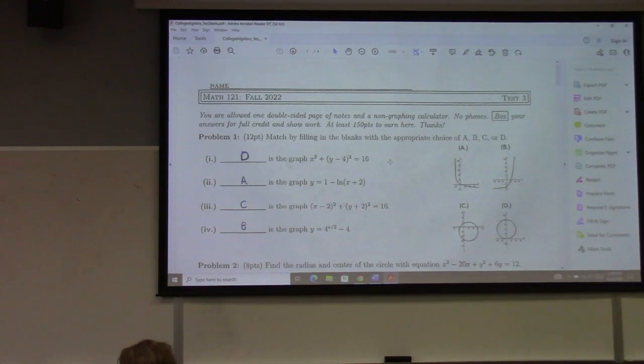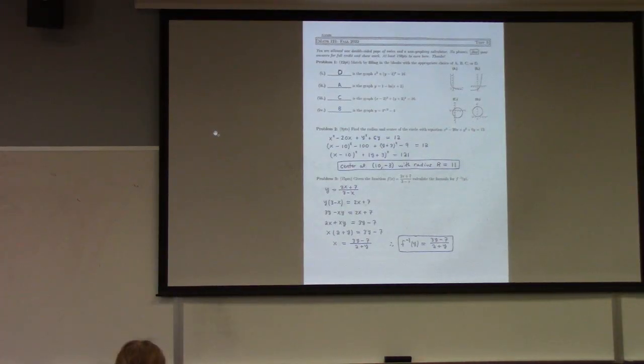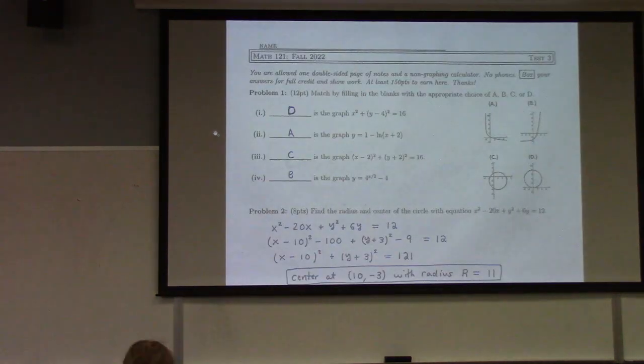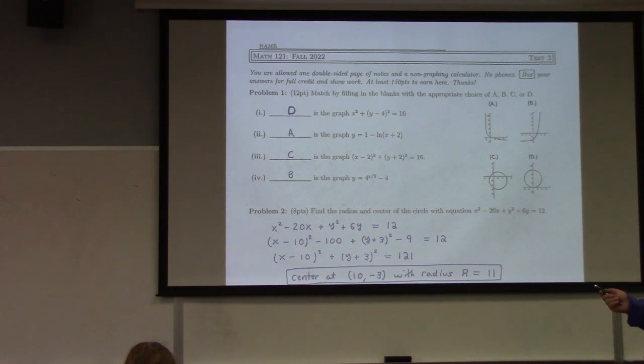Okay, so let us discuss test 3. I'll try to go somewhat quickly through this because we still need to talk about the other tests, right? So that's a circle.